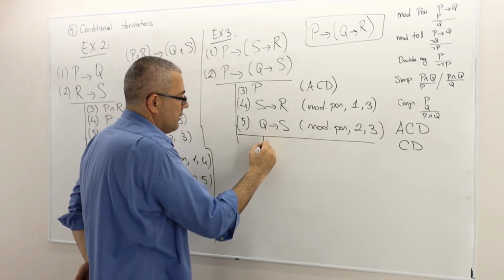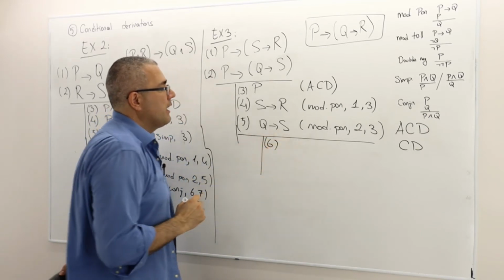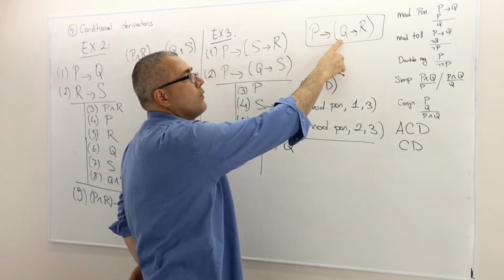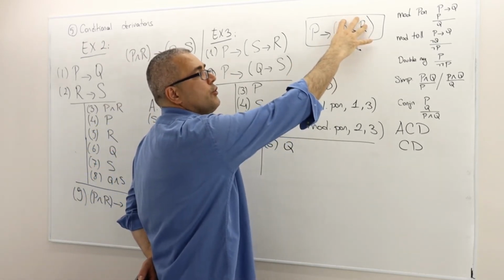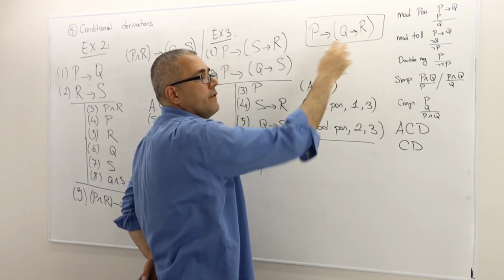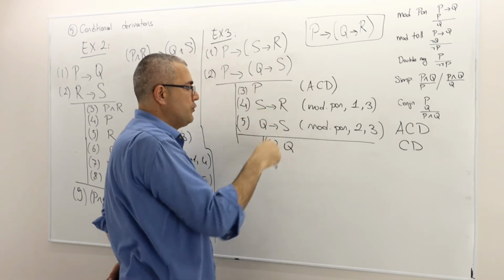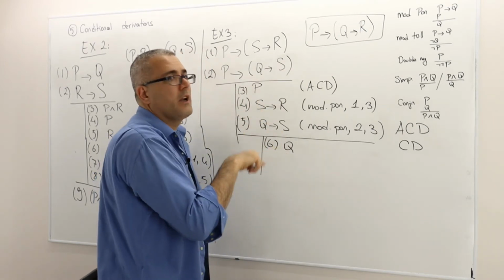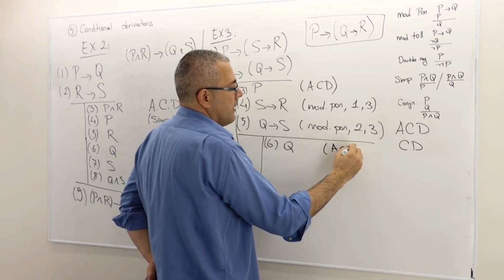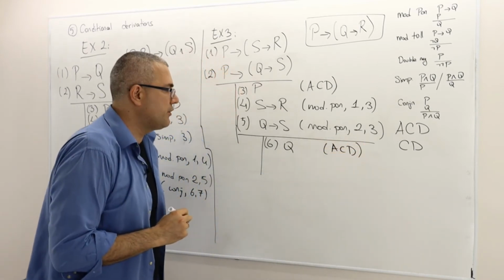So line 6. In line 6, I'm going to assume Q, because if Q is false, this statement is true anyway. If Q is true, however, this statement is true only if R is true. So I need to assume Q is true and show that R must be true. So Q, this is assumption for conditional derivation.